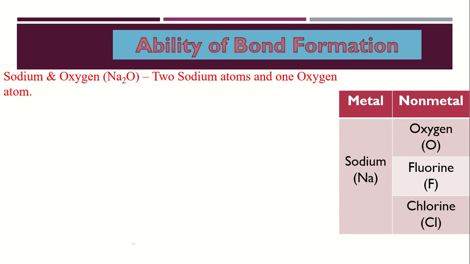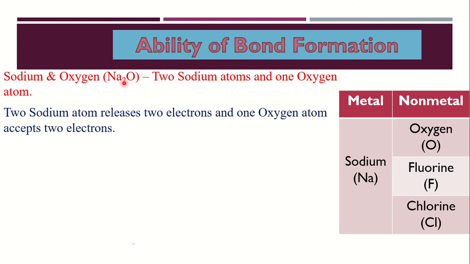Here when sodium and oxygen make a bond, then this compound is called sodium oxide, where two sodium atoms and one oxygen atom is present. Na2O, two sodium atoms and one oxygen atom.